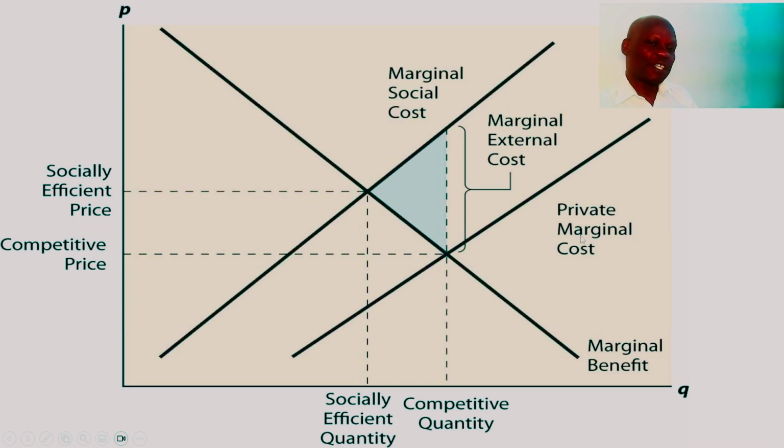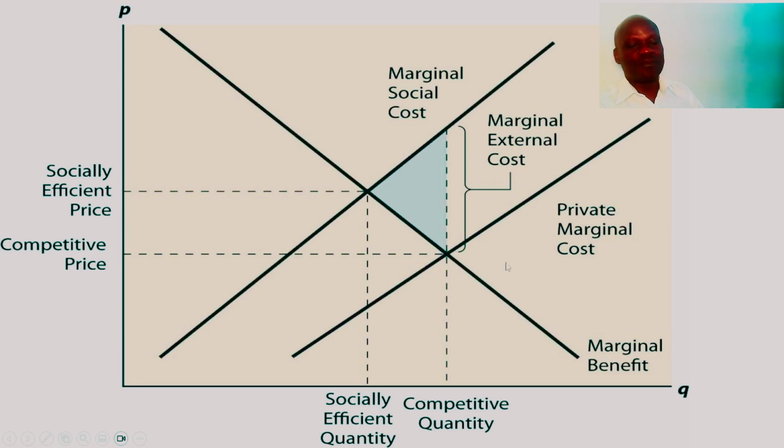So this private marginal cost is what the airlines refer to as the wages, fuel, and other expenses. Realize that the private marginal cost actually ignores the marginal social cost. So we see a difference between marginal social cost and private marginal cost.